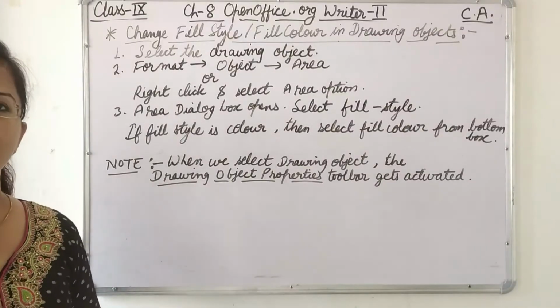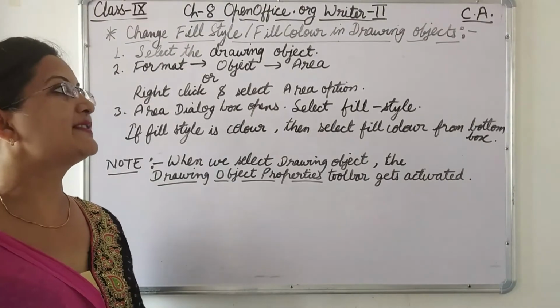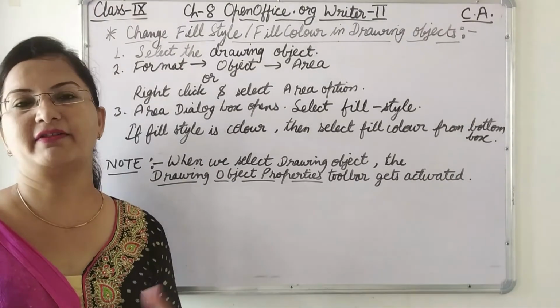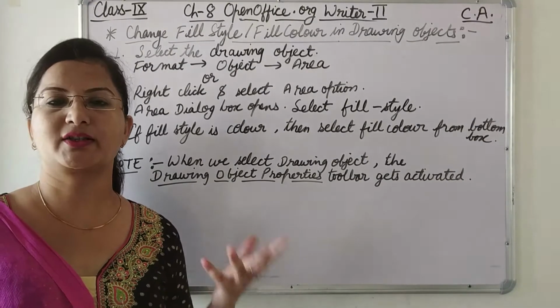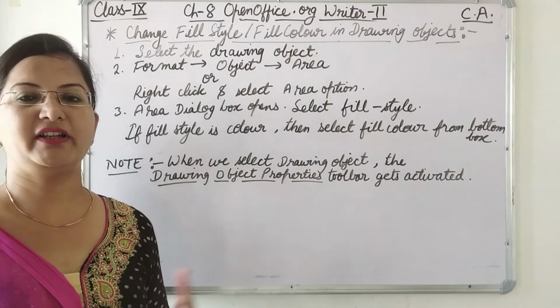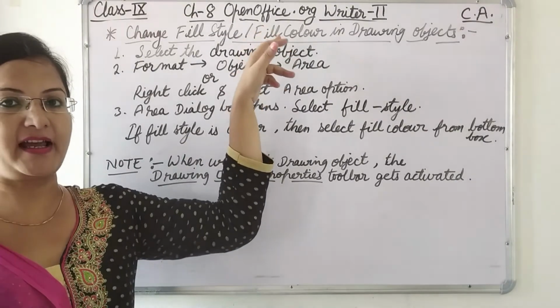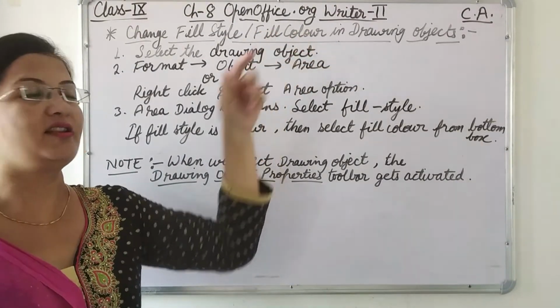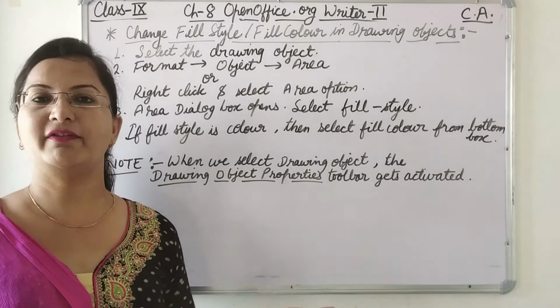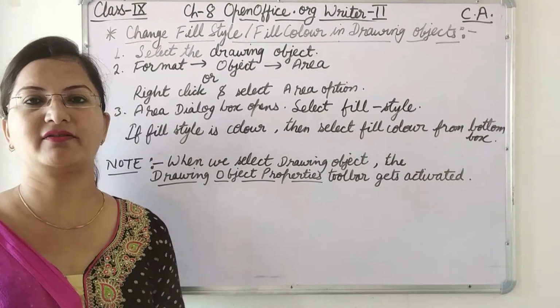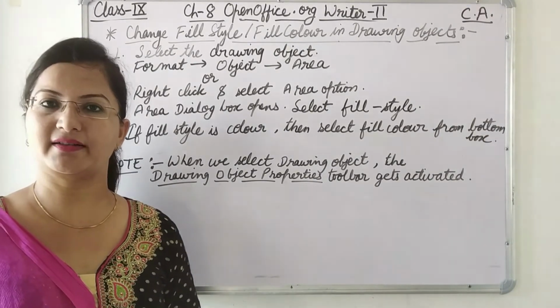So now students, once we have inserted a drawing object, like a circle or a square or rectangle, then we can change its fill style or we can change the fill color. In fill style we can change the gradient, we can select patterns.